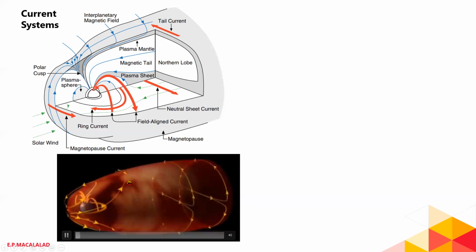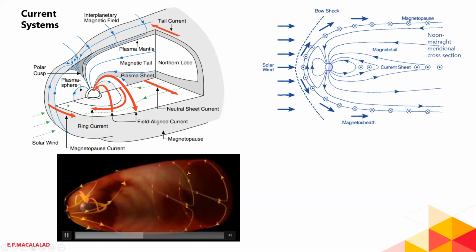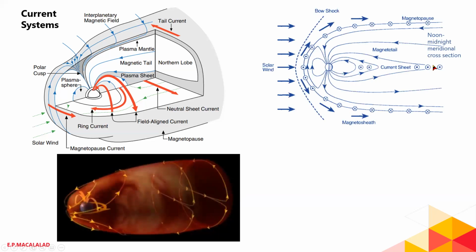We can see it here. You already saw this figure before. This is how the current system would look in this noon-midnight meridional cross section.